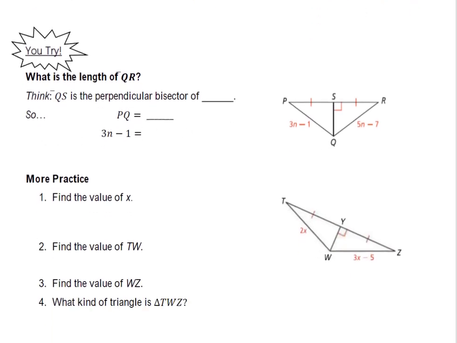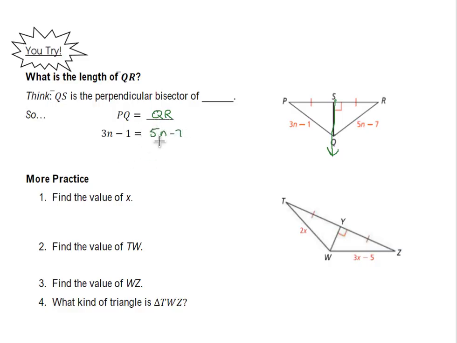Here we want to find the length of QR. QR is 5n minus 7, and QP is 3n minus 1. Because SQ is the perpendicular bisector of segment PR, the distance from Q to R is equal to the distance from Q to P. So PQ equals QR, and 3n minus 1 equals 5n minus 7.